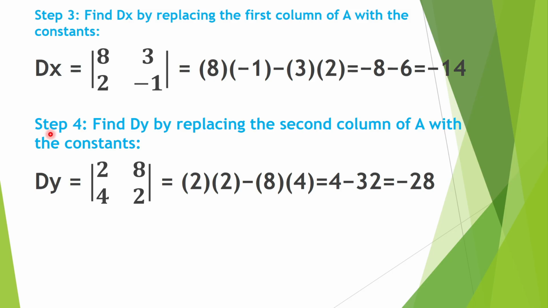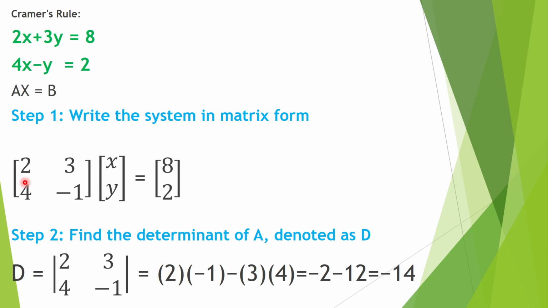In step 4, we will put the constants over here, and these values will remain in their own place. Like if you see, here is 2, 4, so this 2, 4 will remain in its place. For determining Dy, we will put the constant terms over here.